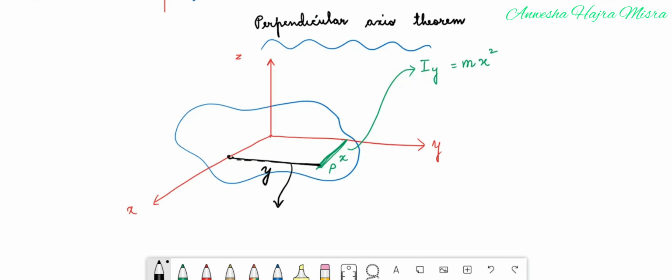So Ix is m into y square. That is the moment of inertia about the x-axis. From the z-axis, let this distance be z.